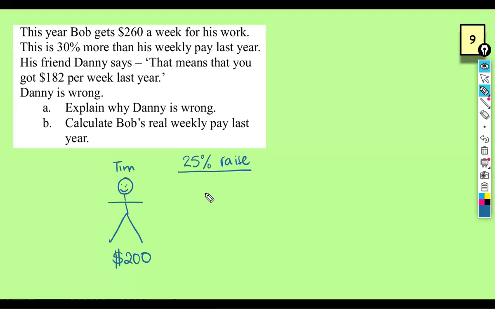What will be his new pay? Let me put him not so happy here, because after he gets the raise, he will be happier. How much money will he get if he gets a 25% raise? I want to do the primary school way to show you the flaws, or rather how the primary school way can be a little misleading.